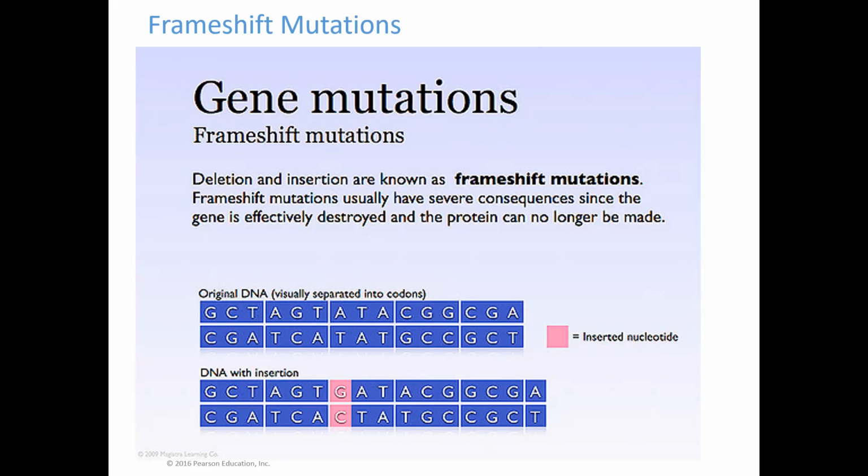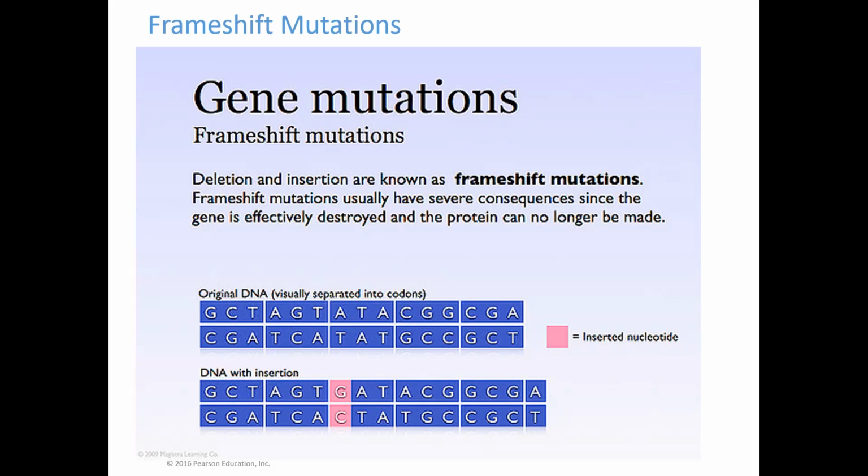Frame shift mutations, though, are different. A frame shift mutation occurs where something is taken out of the DNA strand, and then the DNA strand slides up one to replace what's missing. Here in the top strand, the original strand has codons, triplets of GCT, AGT, ATA, CGG, and CGA.